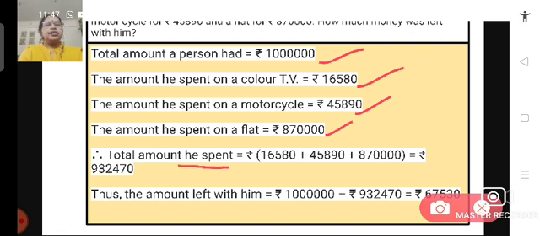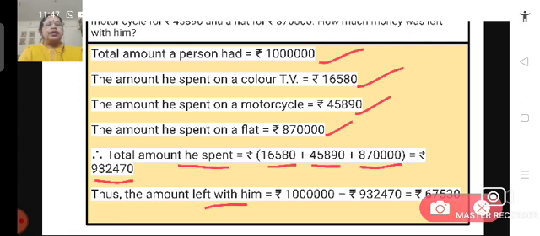So what is the total amount he spent? It will be 16,580 plus 45,890 plus 8,70,000. So what is the total amount that we get? It is 9,32,470. So what is the amount left with him?